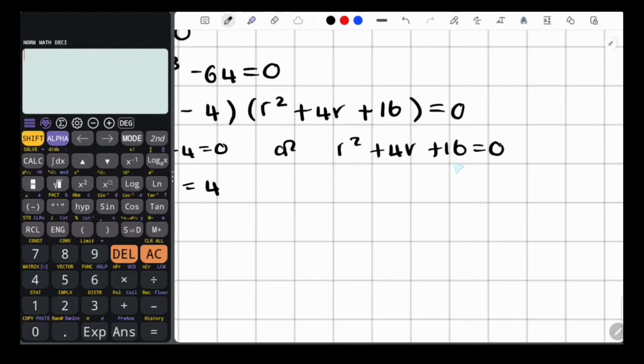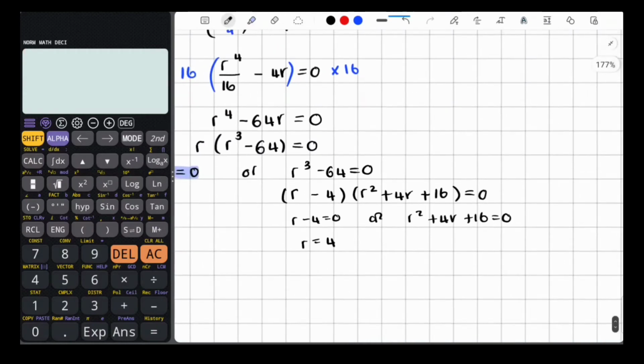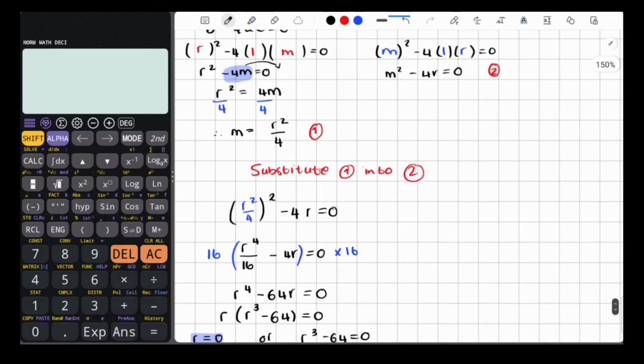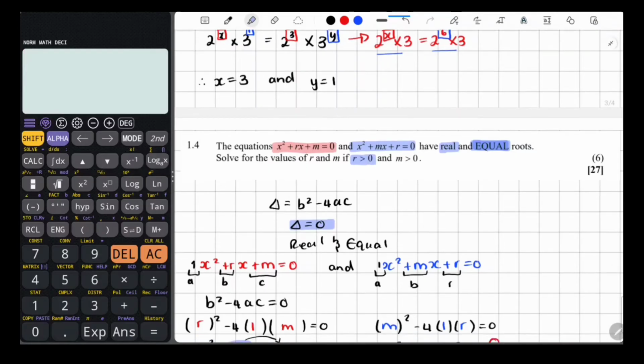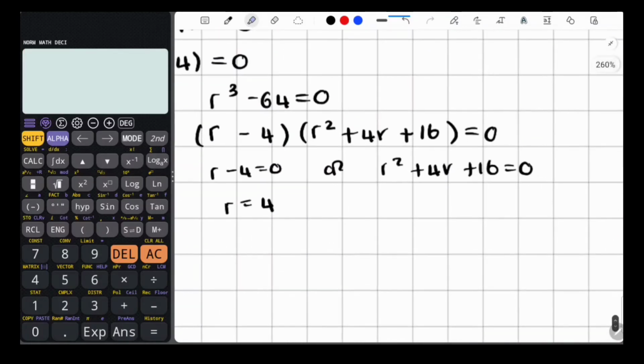There's no way you can get two factors of 16 that can give you a 4 in the middle. 16 is too big. So this is one of those ones that's going to have to use the quadratic formula. But you actually don't need to do this. The reason why is, if you look at the restrictions they gave you, they said that r needs to be greater than 0. So think about your answers here.